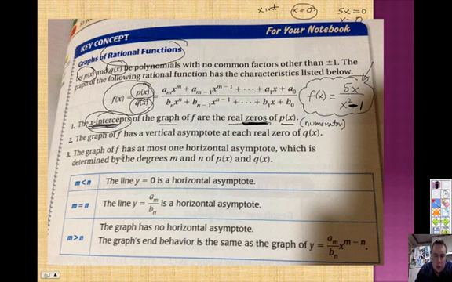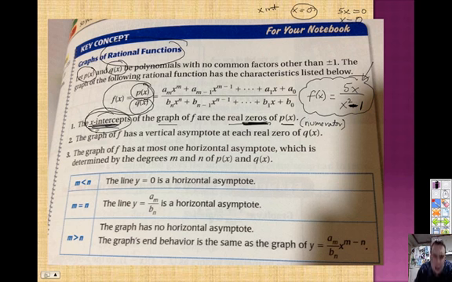Then we go to number 2. There's 3 things you always do whenever you come to these more complex rational functions. Number 1, find the x-intercepts. How do you do that? Set the numerator equal to 0 and solve.